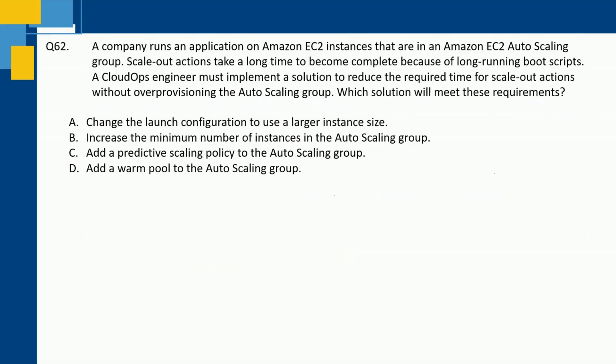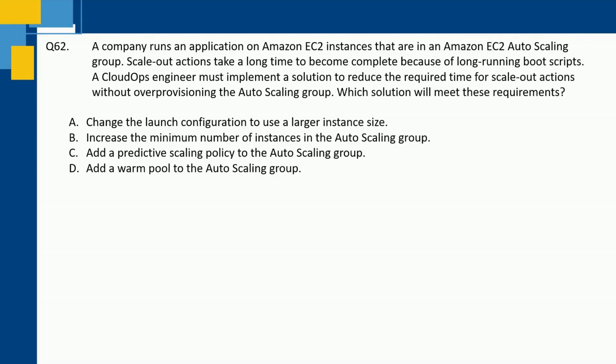Next question. A company runs an application on Amazon EC2 instances that are in an Amazon EC2 Auto Scaling group. Scale out actions take a long time to complete because of long running boot scripts. A CloudOps engineer must implement a solution to reduce the required time for scale out actions without over provisioning the Auto Scaling group.